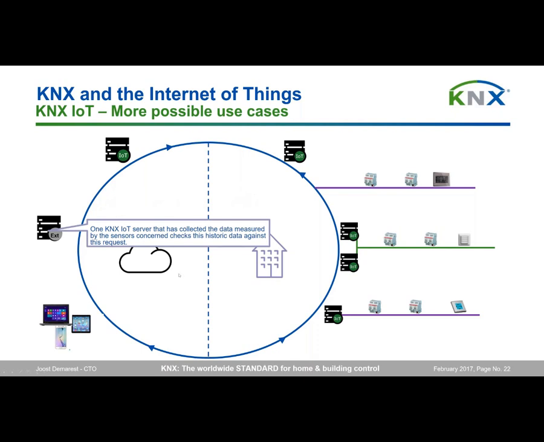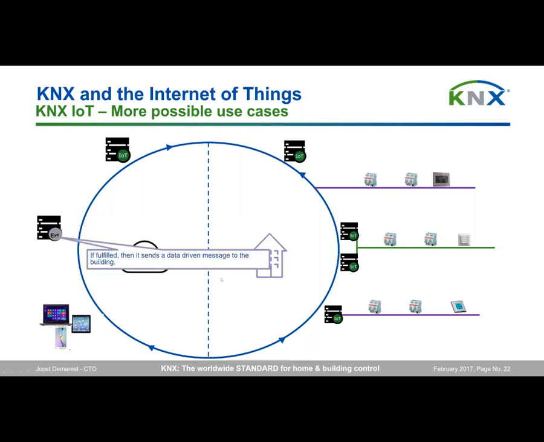One KNX IoT server that has collected the data measured by the sensors concerned will check this historic data against this request. And if it's fulfilled, then it sends a data-driven message to the relevant building.